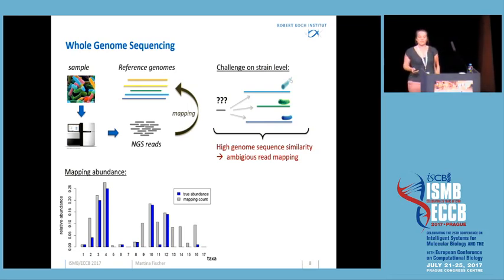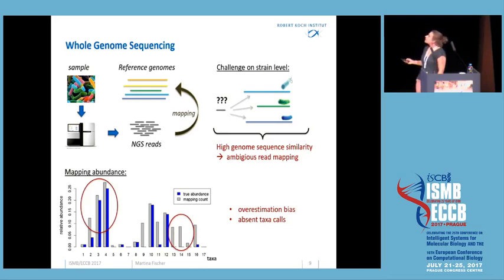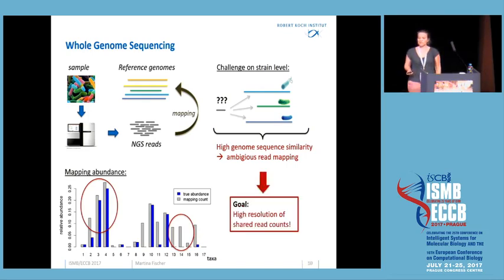And due to the shared reads, we will frequently observe on strain level abundance overestimations and also abundance calls to actually absent taxa.